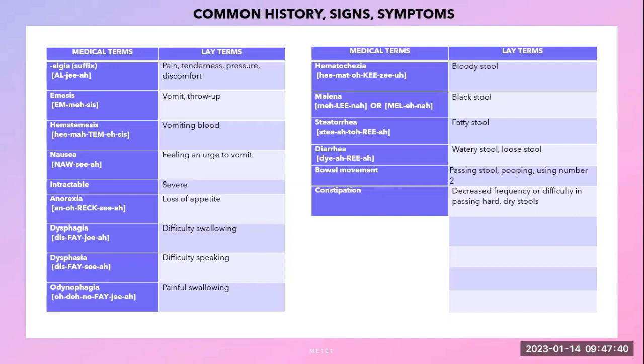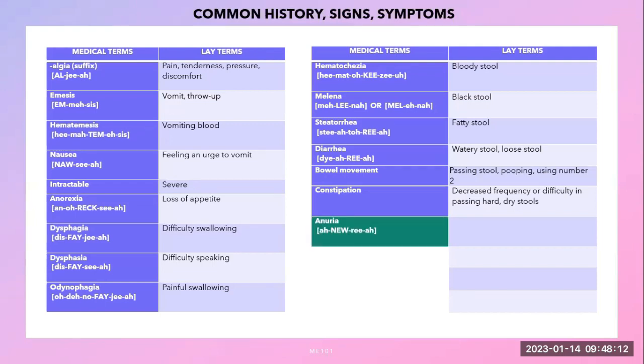So you can ask the patient, do you have a hard stool like a rock, or is it really hard for you to have a bowel movement, like once a week or something? But don't just say, do you have constipation? A lot of people say yes, I have constipation, but when you ask for more detail, they're going to say something else. So make sure that when you say constipation, they understand and you understand too.